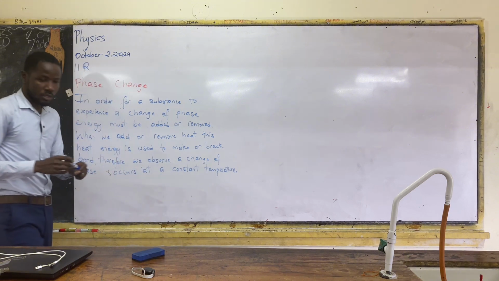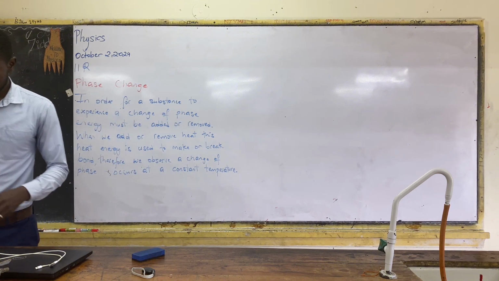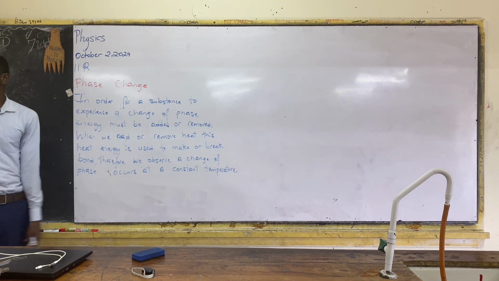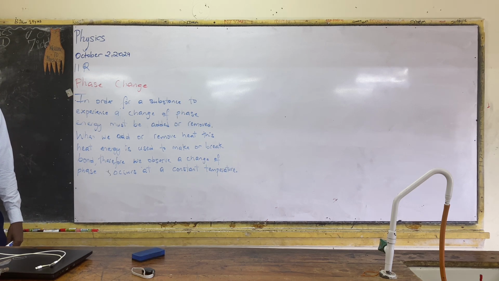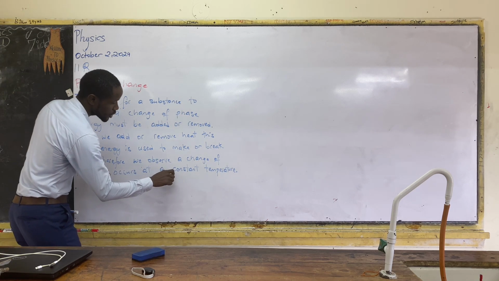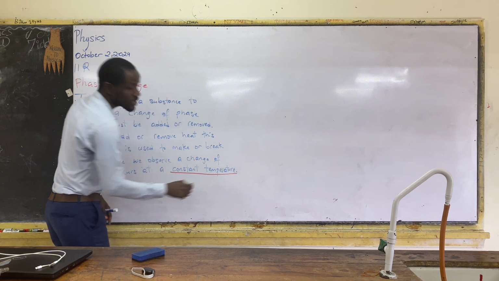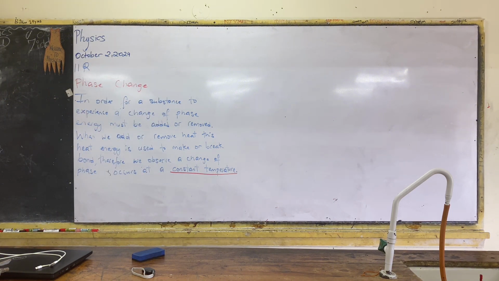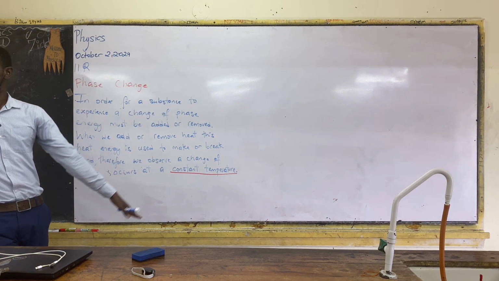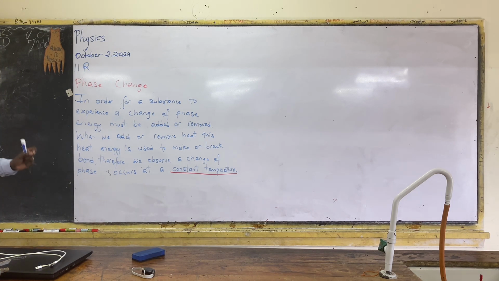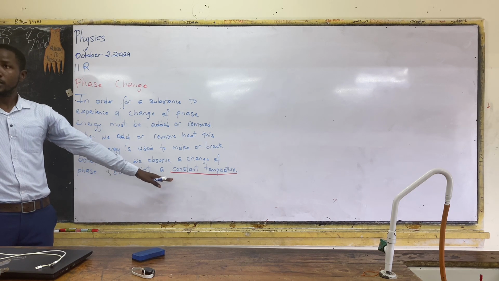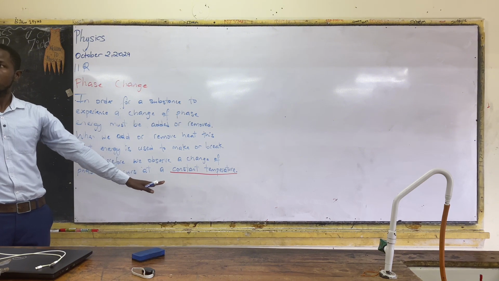Right? So, if you don't understand or don't get anything from today's lesson, I want at the very least that we appreciate that whenever there's a change of phase, it will always occur at a constant temperature. So a substance will change state only at a constant temperature.